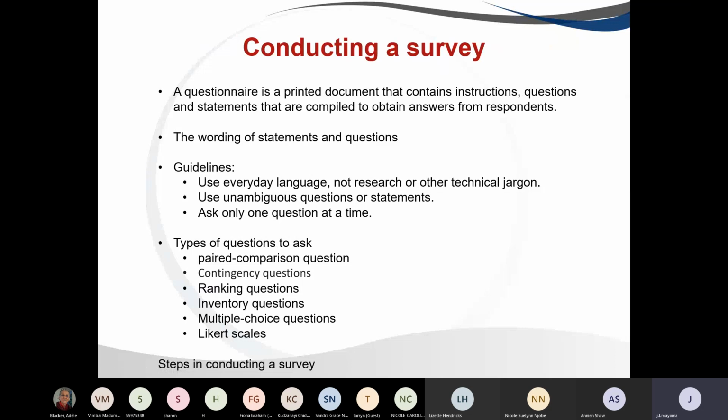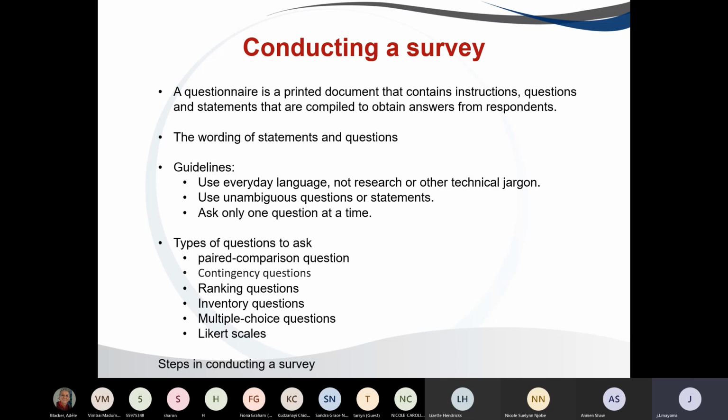Yes, and we talked about the wording of statements and questions. Although here, yes, okay, we are given different types of questions that should be asked. So, maybe to clarify it for myself as well, in the previous slide we talked about the type of questions to avoid.